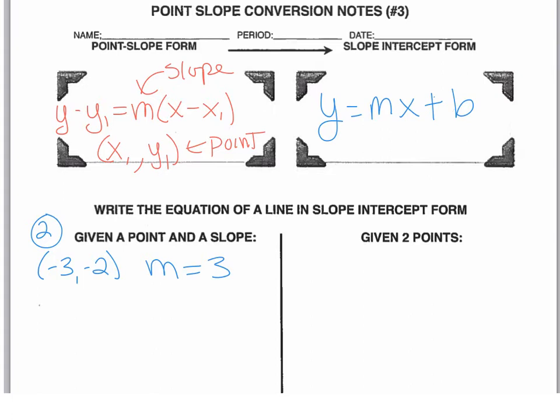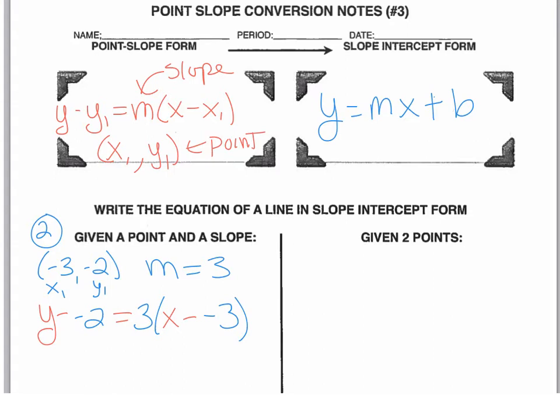We're starting with y minus, my y1 value here is going to be -2. That's going to be equal to m, which is 3, times x minus, and x1 over here is -3.